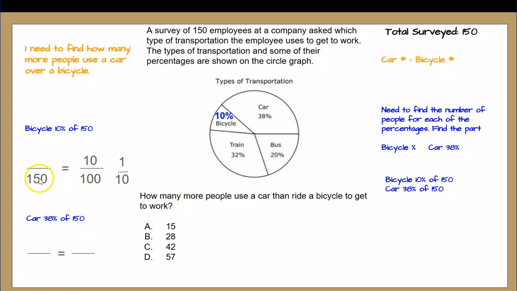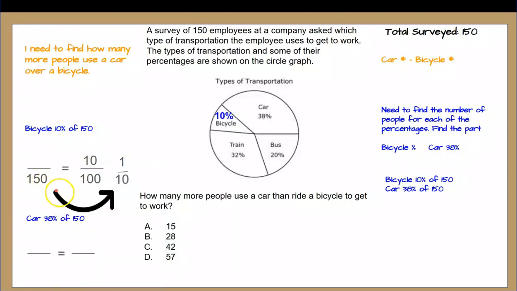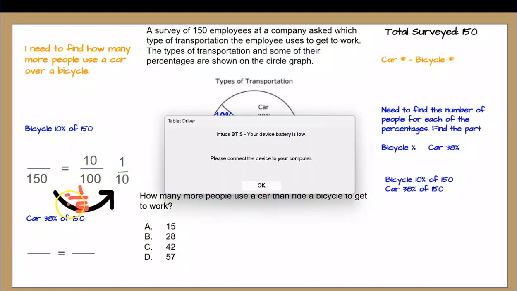I didn't see anything, so I can reduce this fraction to 1/10. Now I'm thinking I can multiply something by 10 to get to 150, or multiply by a fraction to get to 10. What could I use to do that? To me, this is like multiplying by 1 over 10 to get to 10.